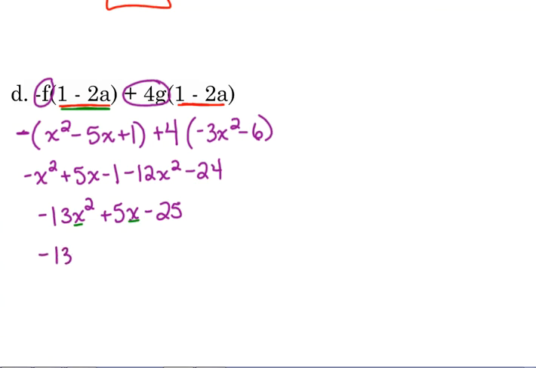Let me see if I can kind of color code this here. Okay, so I've taken that linear combination result, negative x squared plus 5x minus 25, and I'm replacing the x's with that expression that they want me to plug in, the 1 minus 2a.